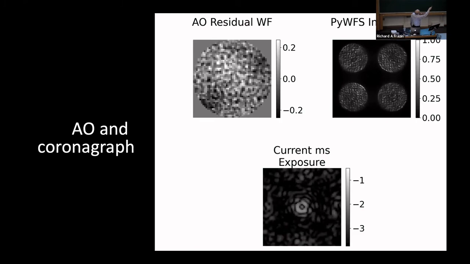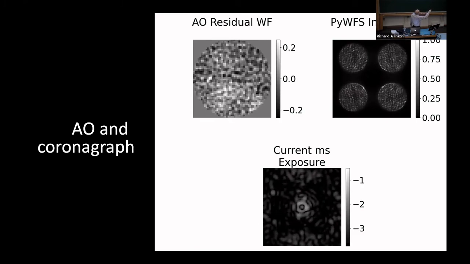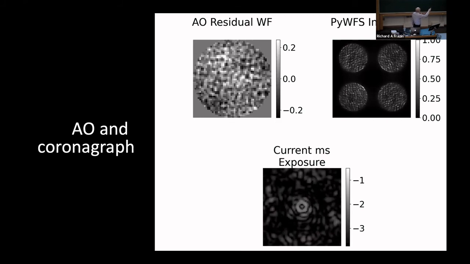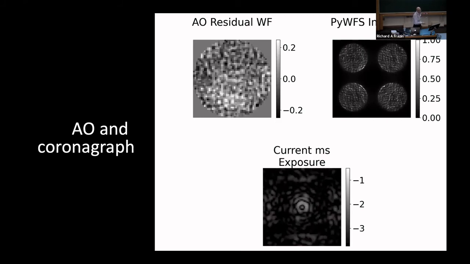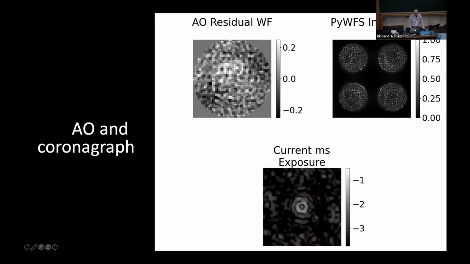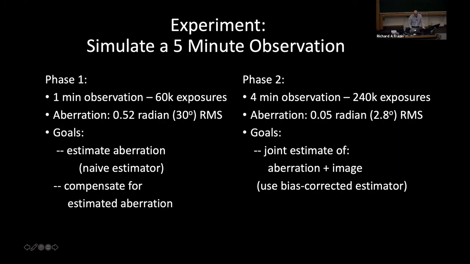You analyze these images to calculate what the correction should be, and then when you bring the light through the coronagraph and make an image in the science camera, you get what's below. This is what the coronagraph and AO system provide at the millisecond time scale. So we wanted to simulate, well, what could we do with just 5 minutes of simulated sky time?